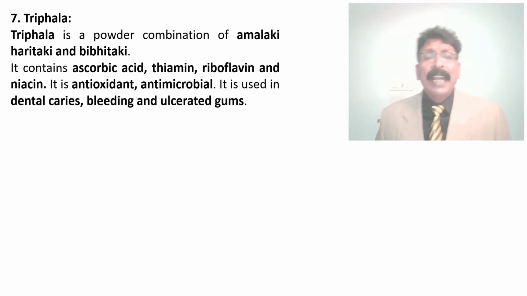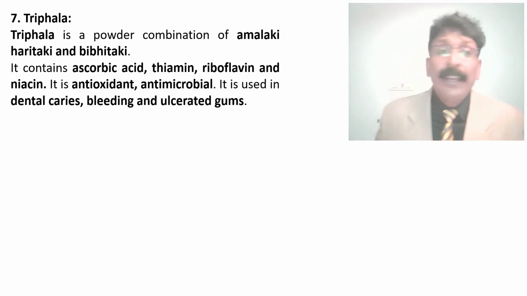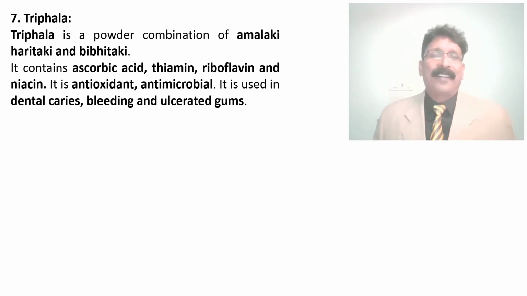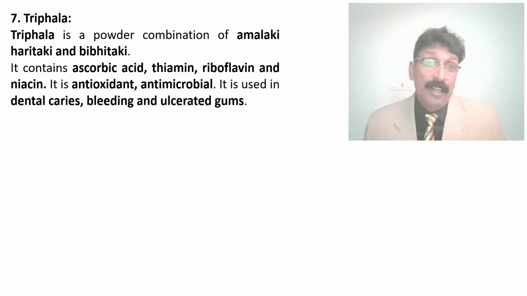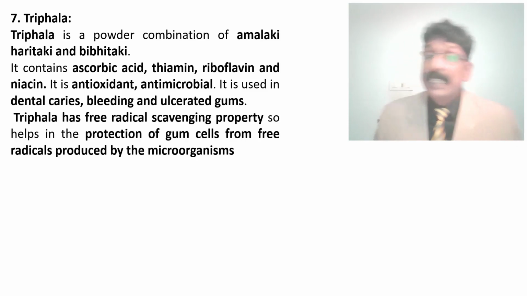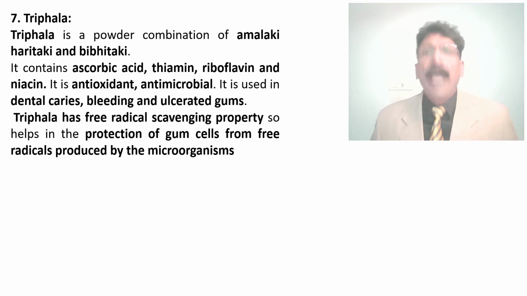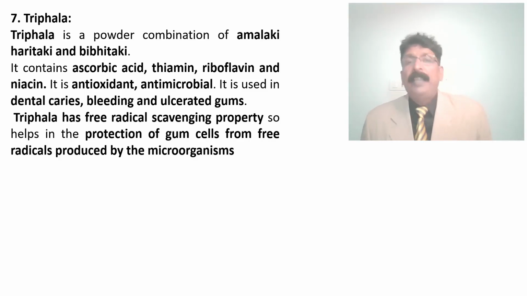It contains ascorbic acid, thiamine, riboflavin and niacin. It is antioxidant, antimicrobial. It is used in dental caries, bleeding and ulcerated gums. Triphala has free radical scavenging property, so it helps in the protection of gum cells from free radicals produced by microorganisms.